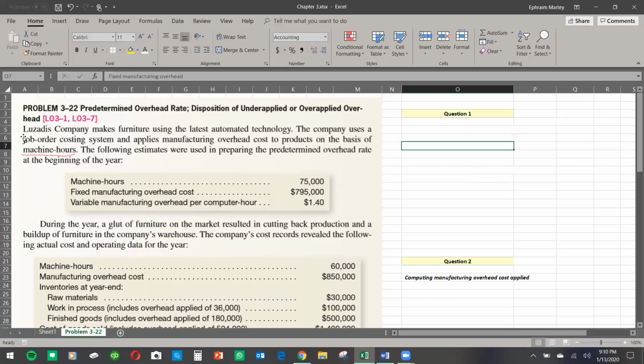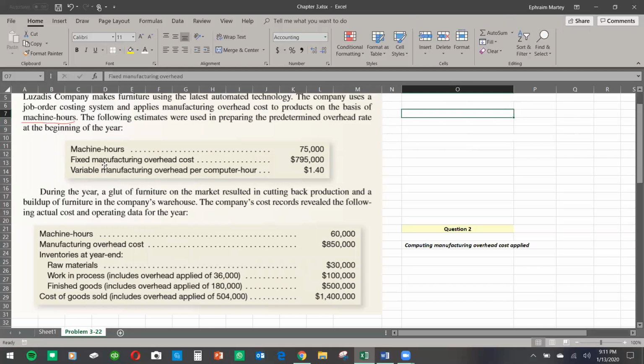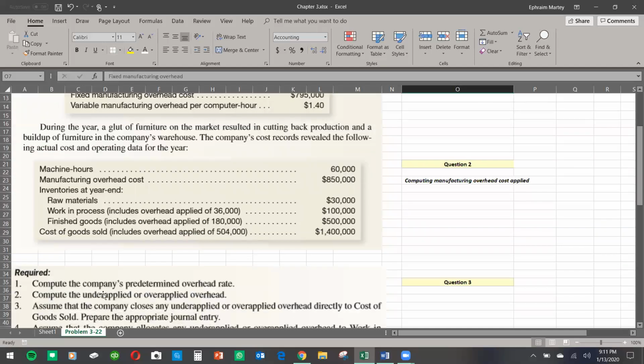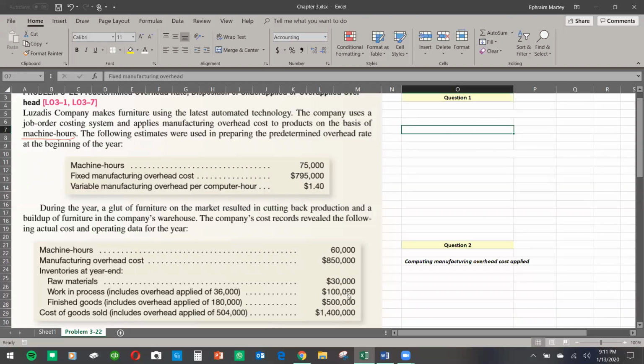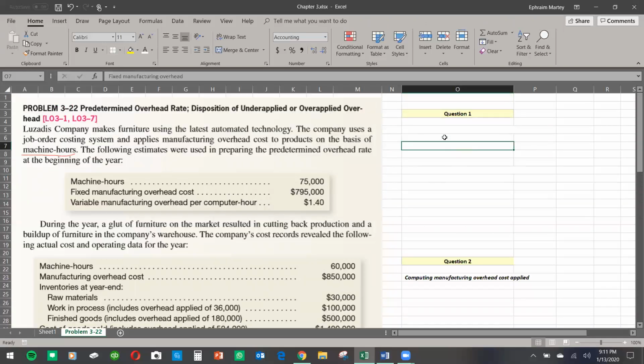But here we will stick to the simplicity of it, which is machine hours, only one cost driver. This is the data at the beginning of the year, and this is what actually happened in the following year. And we are required to compute the company's predetermined overhead rate.